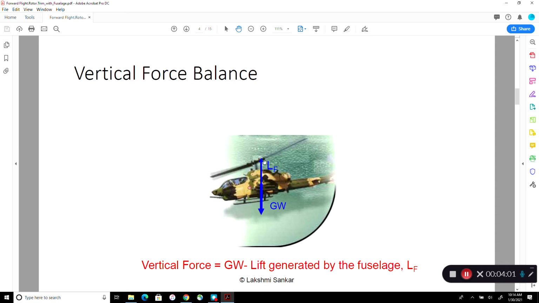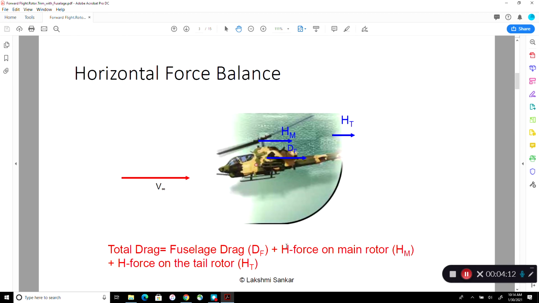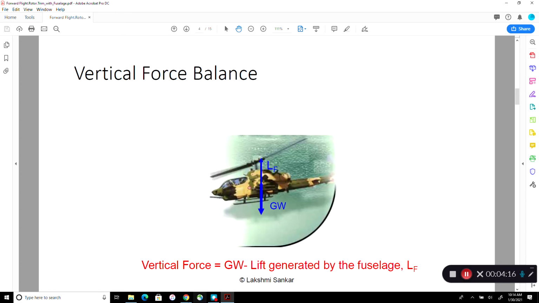Therefore, the vertical force that the rotor has to generate is gross weight minus lift generated by the fuselage. So this is the vertical force. So the rotor has to produce a horizontal force to overcome the drag. It needs to produce a vertical force to generate the desired lift.